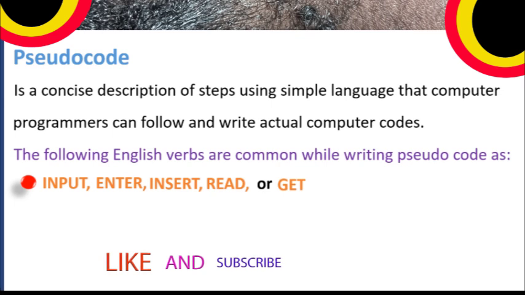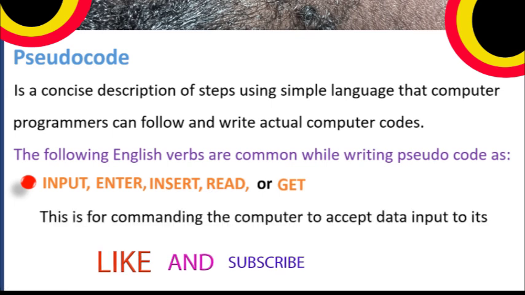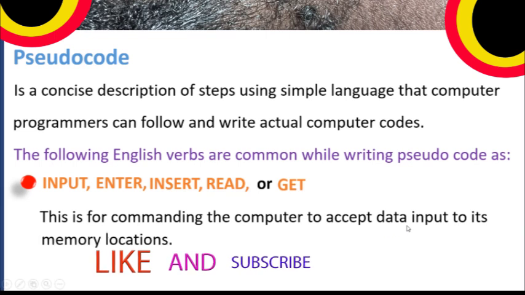You enter something before you send. Or you start any other application. There must be a situation of entering data. After starting, you must say input this data, or enter this data, or insert this data. Or the machine is only reading, so you can say read this data, or get this data, because it is meant to enter somewhere for processing. So this is for commanding the computer to accept data input to its memory locations.